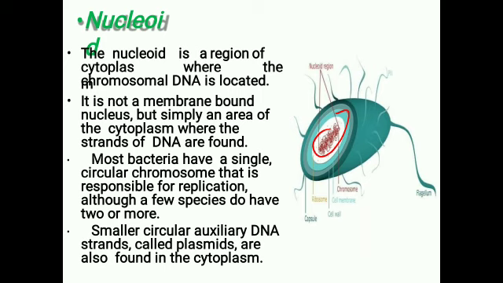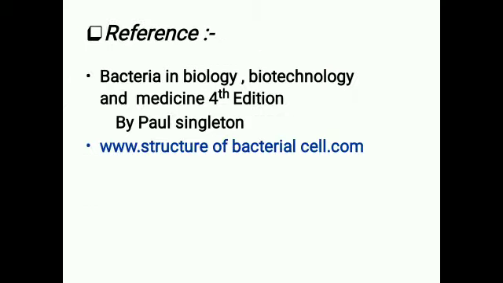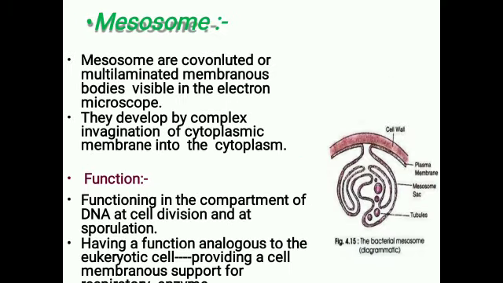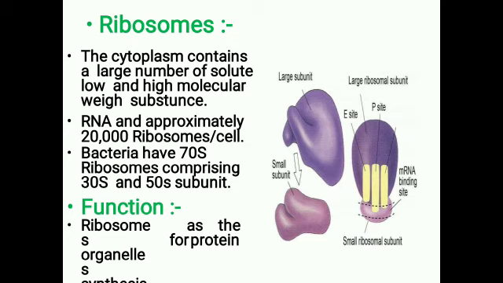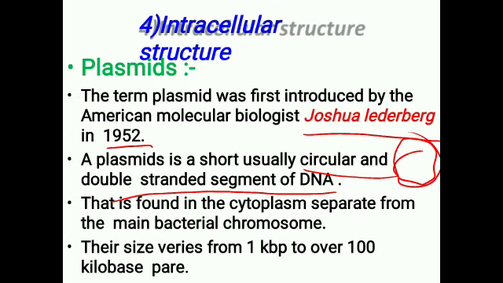The smaller circular auxiliary DNA strands called plasmids are also found in the cytoplasm. So these are the internal parts, which include the nucleoid, mesosomes, ribosomes and plasmids.